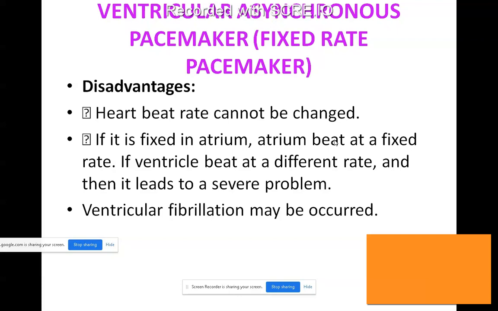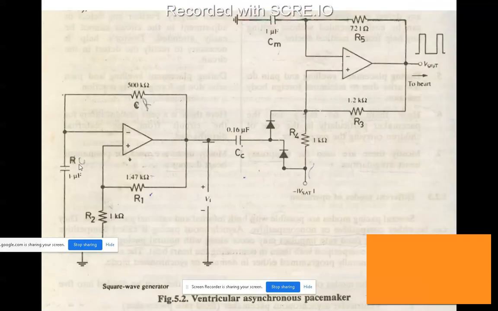Ma'am, you said that by changing the resistance value you can change the heartbeat rate. This can be changed before placing your pacemaker in the body. Internally in the body, before that you can change the circuit, but after keeping the pacemaker in the patient's body, you cannot change the heart rate.